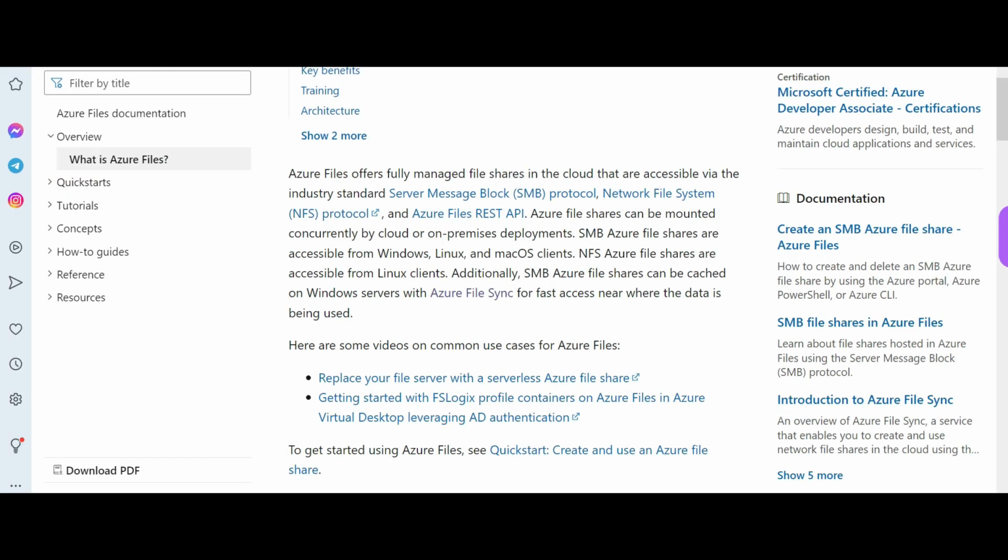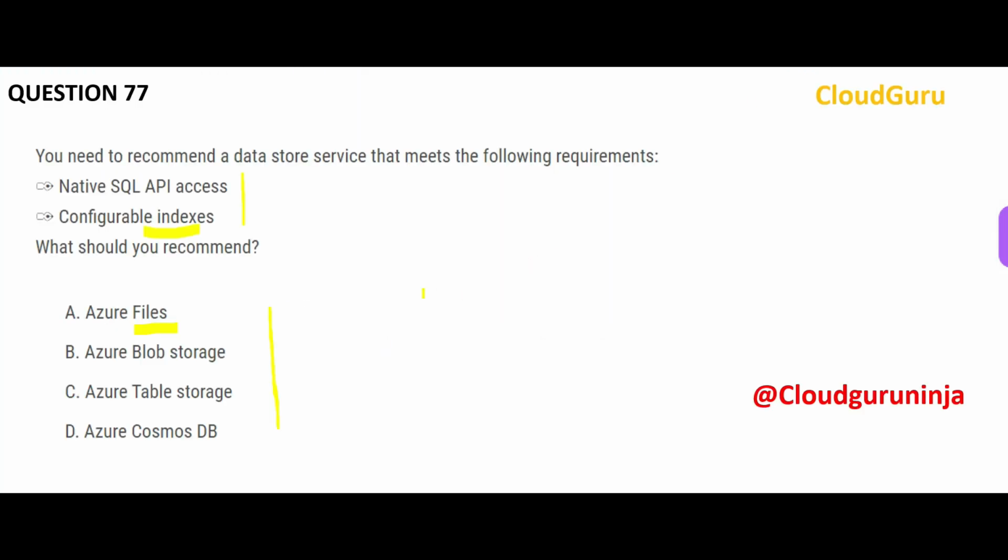It is a file share like an NFS system or SMB system. So basically, it's like a mount drive. It's a shared drive kind of stuff. Shared drives don't allow you to build indexes, and that is what you want to do in this question. You want to configure indexes. So Files will not allow you to do that.